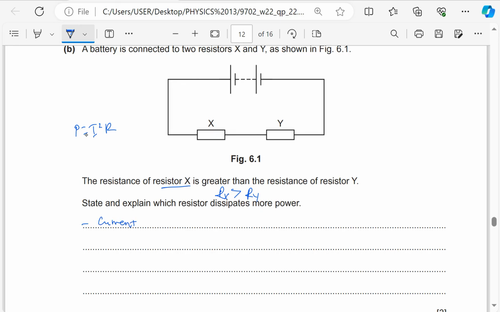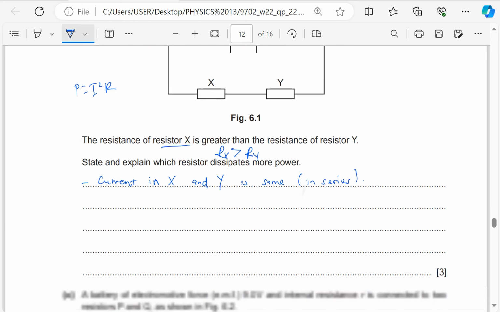Current in X and Y is the same. Reason: they're in series, so the current is the same.